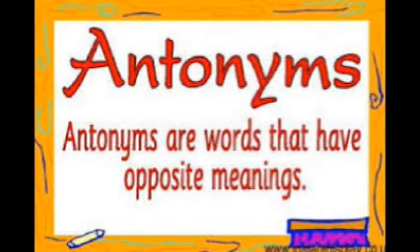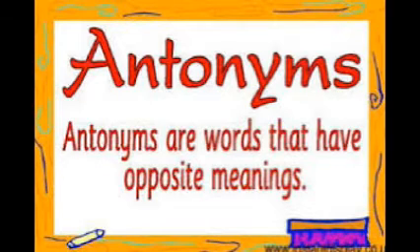Next is antonyms. An antonym is a word which is opposite in meaning to another. In many cases, antonyms can be formed by adding a prefix to the word. For example, the word normal, if you add a prefix ab, it becomes abnormal.